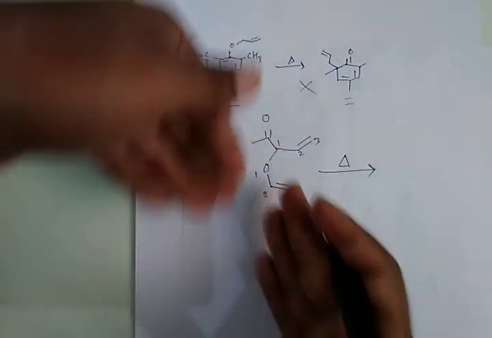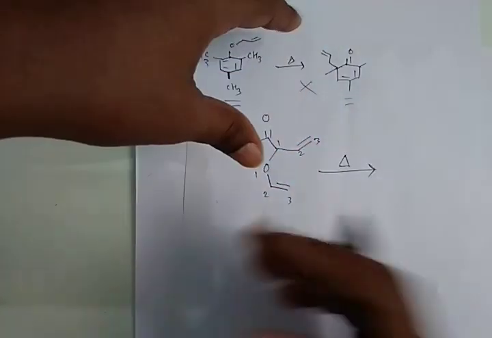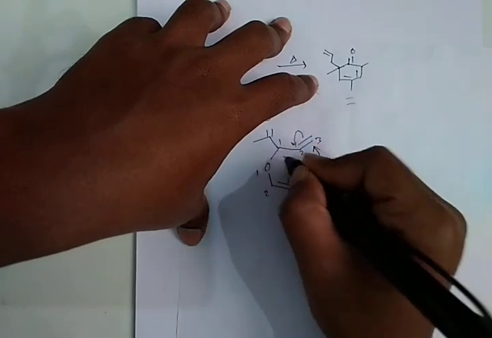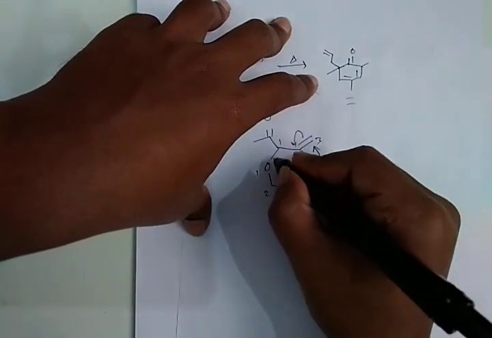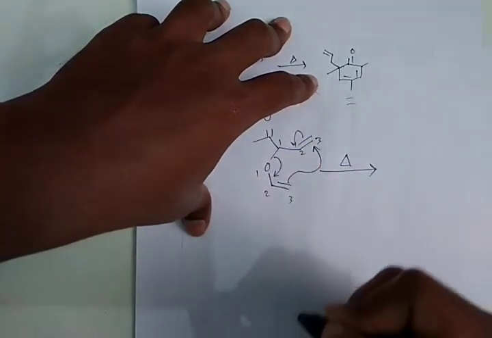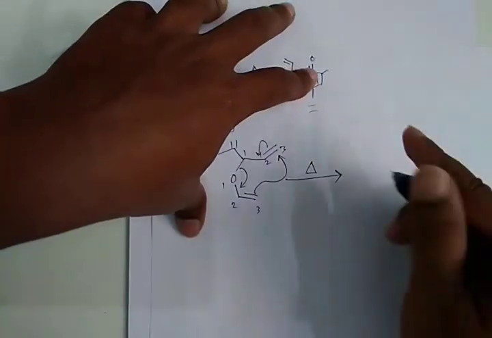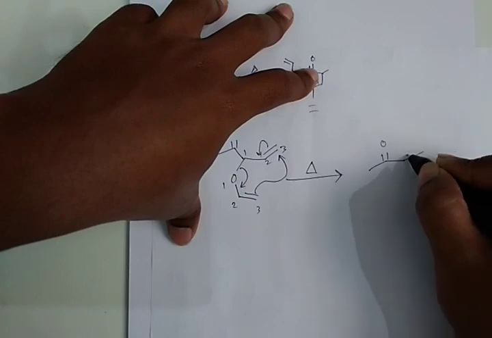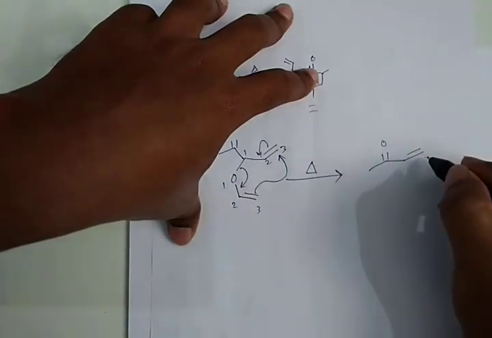Again you have a 3 carbon system, and it can go right. Fine. So what you are getting is double bond, O, here is a double bond.